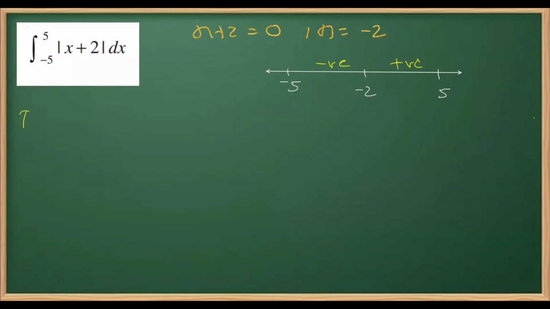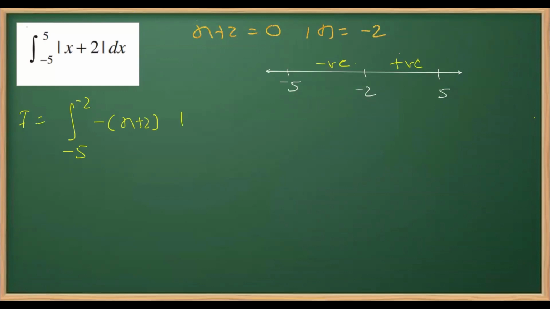So we'll begin solving by splitting the limit. The limit now changes to minus 5 to minus 2, and in this limit the function is negative, so it's negative of x plus 2.